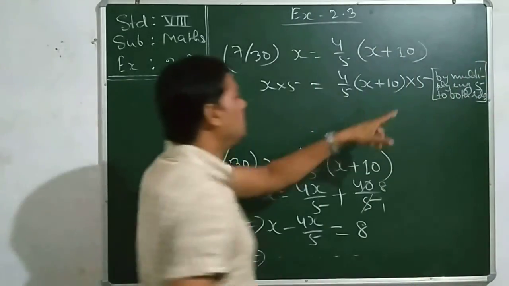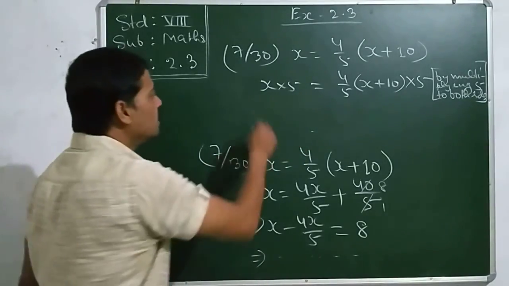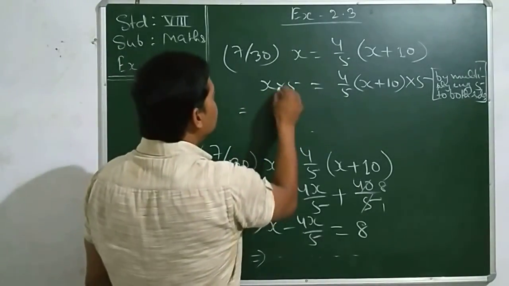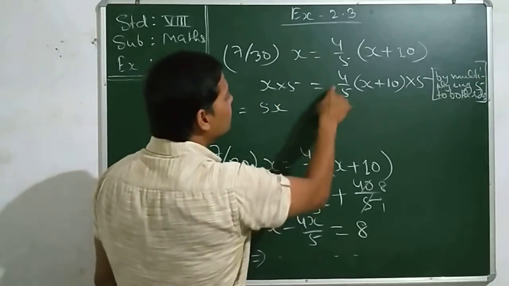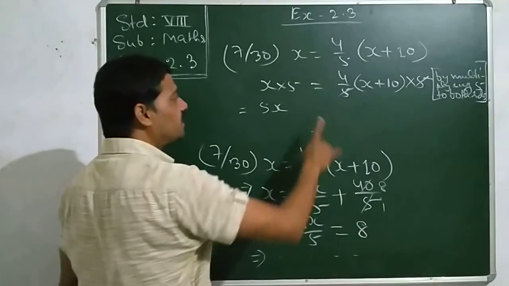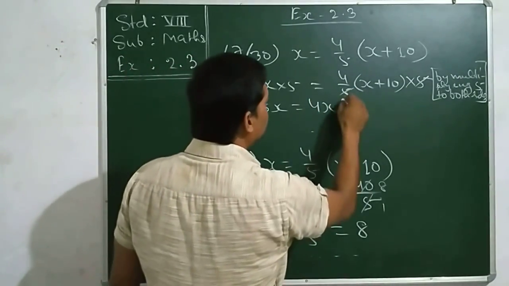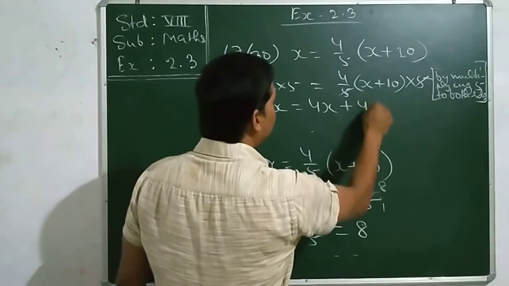So now this is 5x. This 5 and this 5, after reducing, you will get 4x and 4 into 10, plus 40.